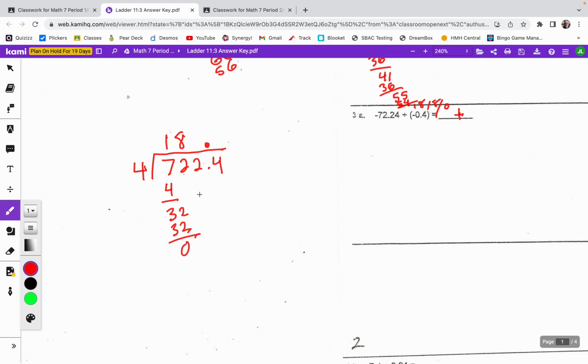There's 0 left over, and this 2 comes down.